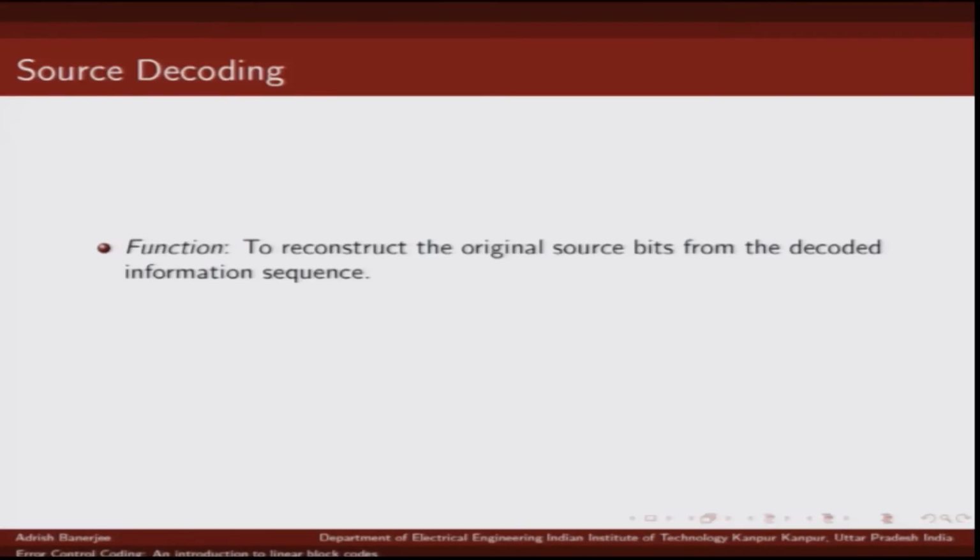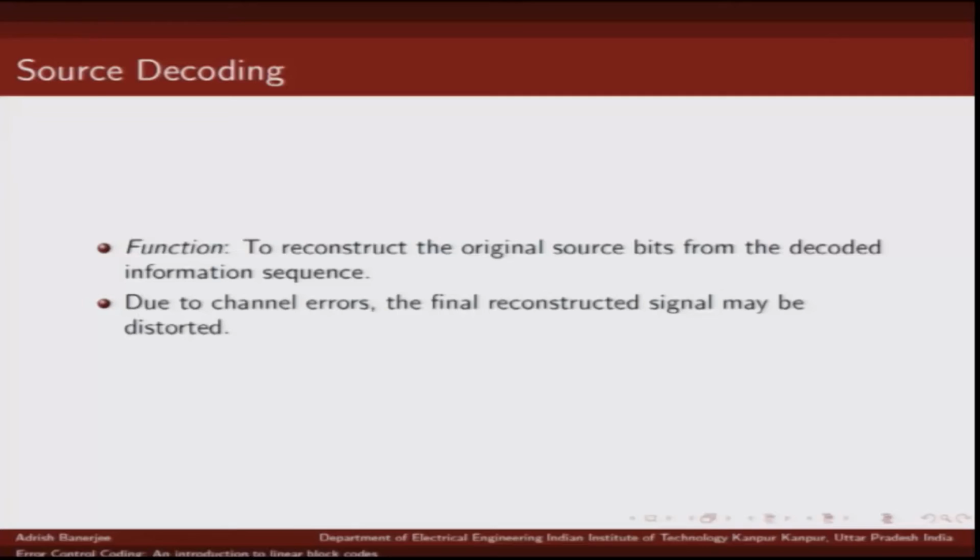From the compressed data we would like to get back our original source, and that is the source decoder. It reconstructs the original source bits from the decoded information sequence. Of course, if there are errors, our final decoded sequence would not be the same as what was transmitted. With this I will end this lecture. Thank you.